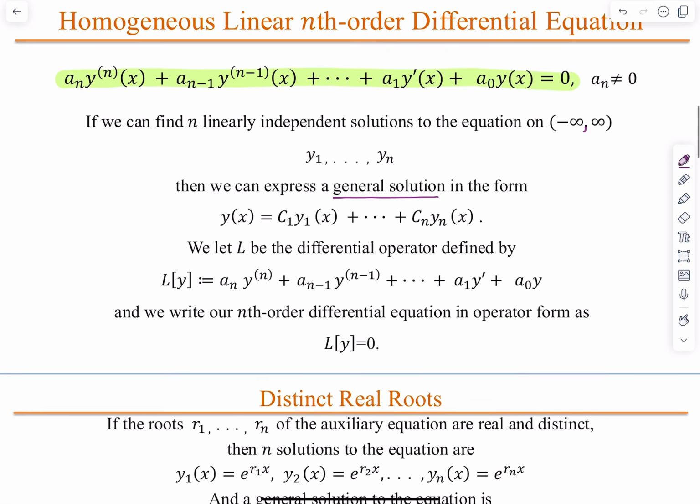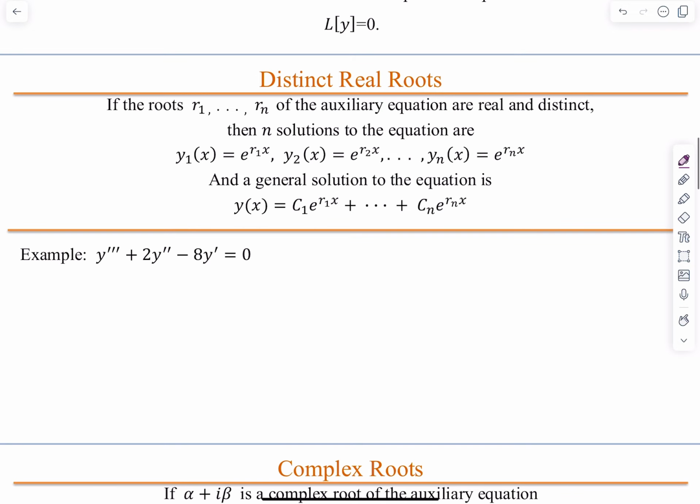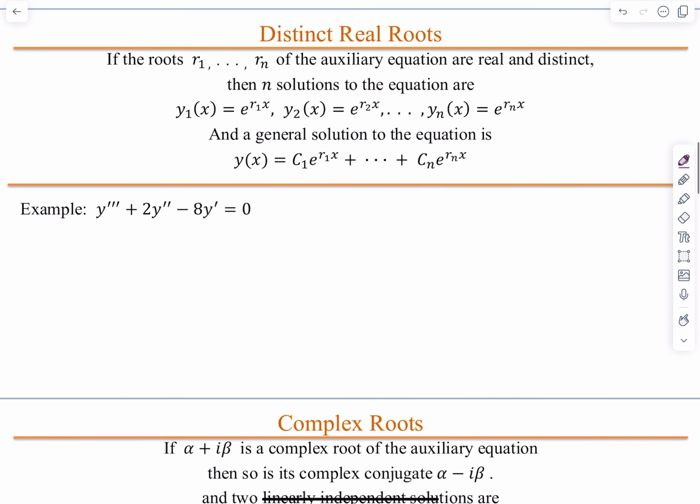So let's look at our first case when we have distinct real roots. So if the roots r1, r2, r3, all the way to r sub n of the auxiliary equation are real and distinct, then we will have n solutions to the equation. And these will be y sub 1 of x is e to the r1 x. Y sub 2 of x is equal to e raised to the r2 x power.